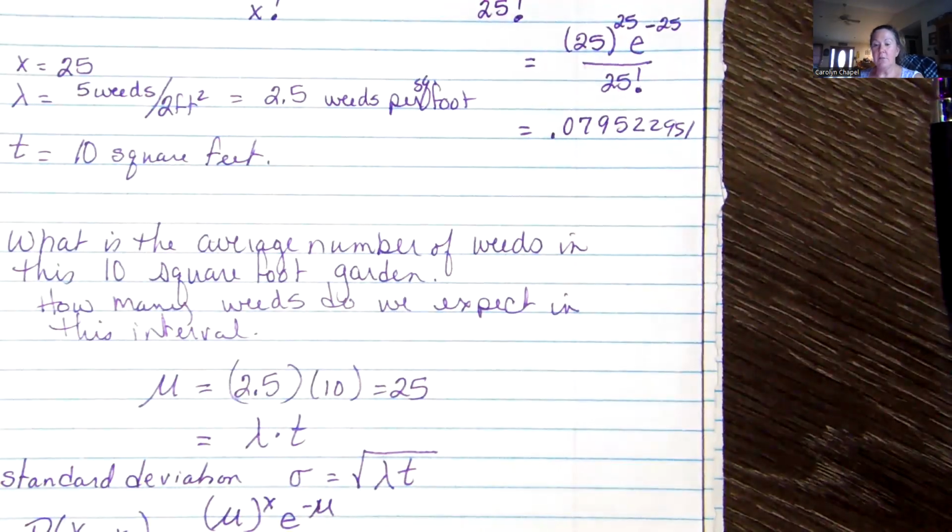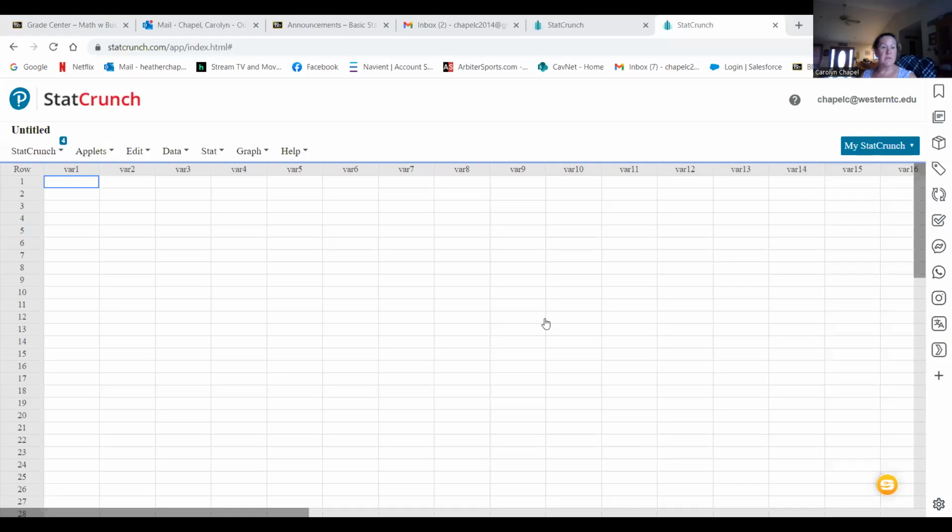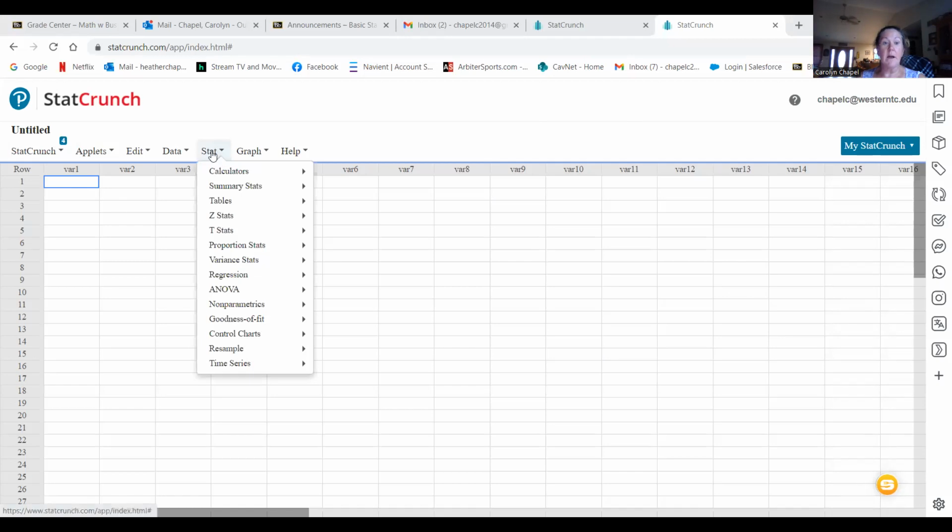So first thing I'm going to do is go into StatCrunch, which is where some of you guys are working, and show you how to do this one in StatCrunch. So again, we're looking for that 0.079. Okay, so I'm in StatCrunch, and similar to our binomial, the Poisson is under our calculator.